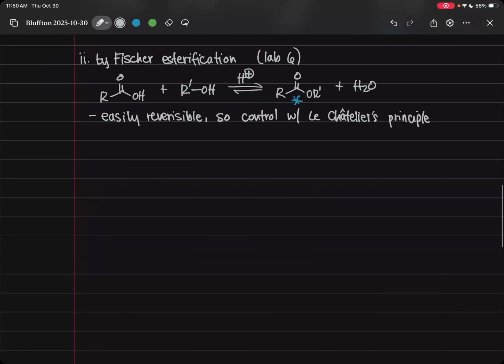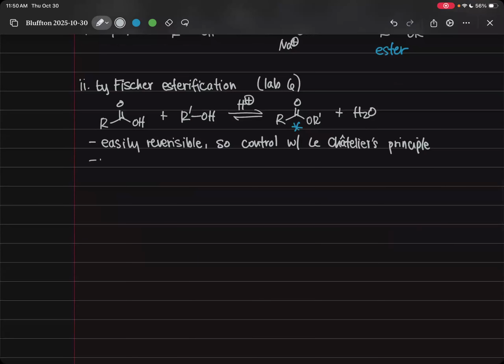So as I said, the process is reversible, we have the reverse reaction too. And that reverse process is ester hydrolysis. Okay, so let's look at some examples of that.